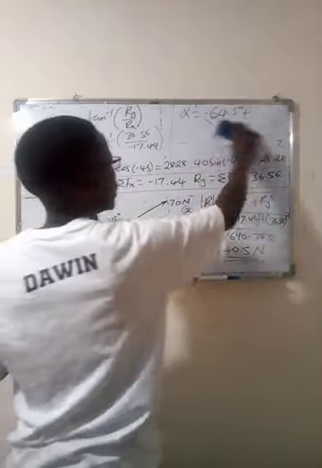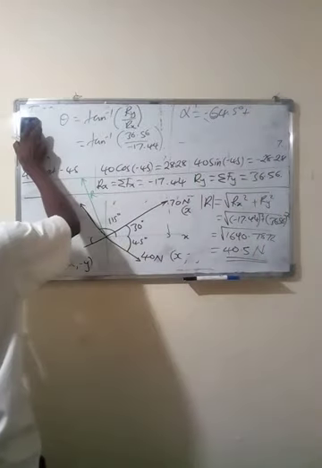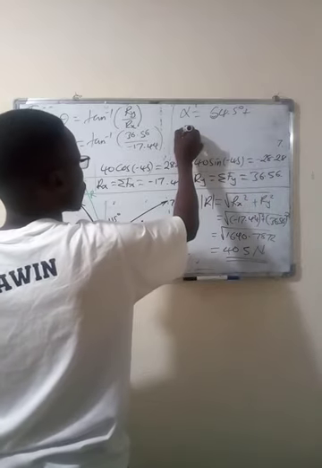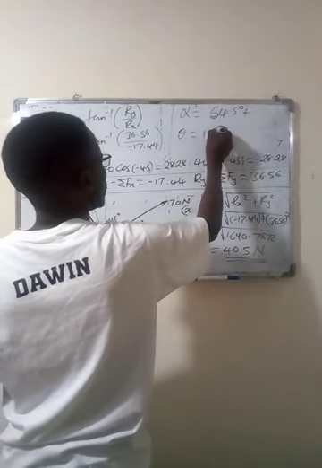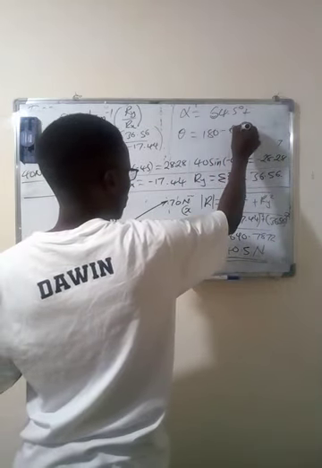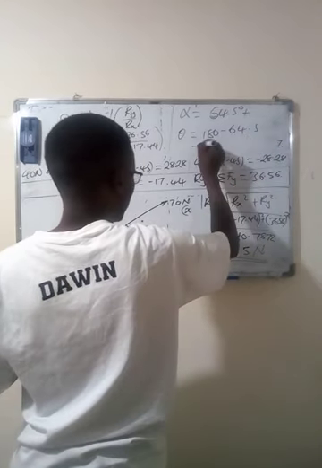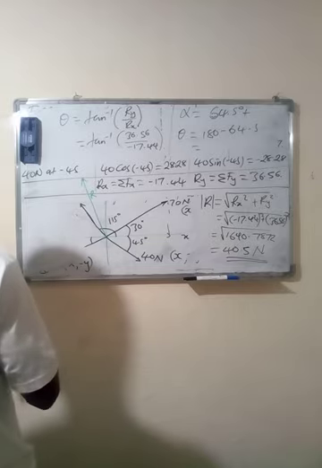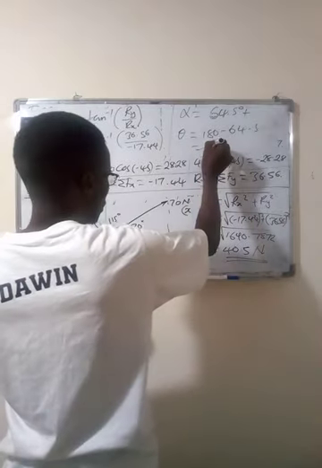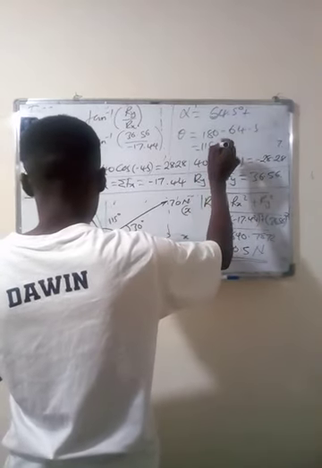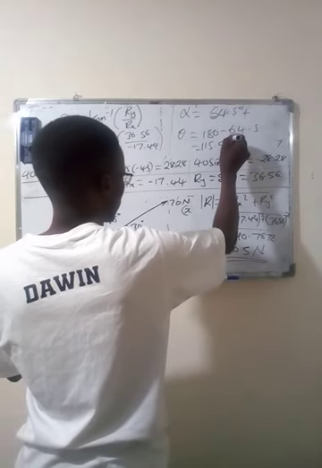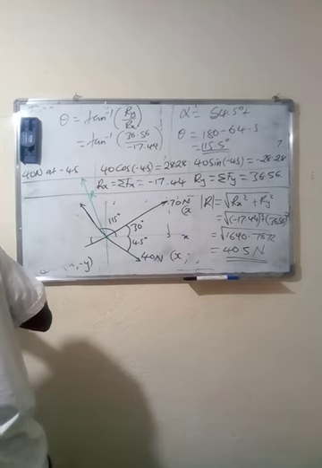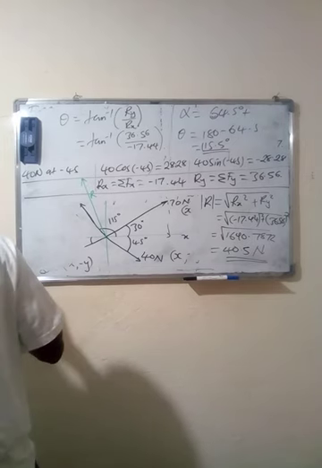So theta is going to be equal to 180 minus 64.5. Okay. So it is going to be 115.5 degrees. That's going to be our direction.